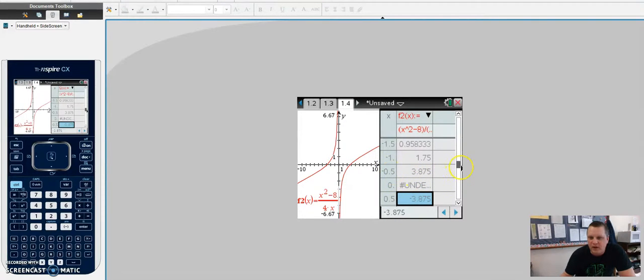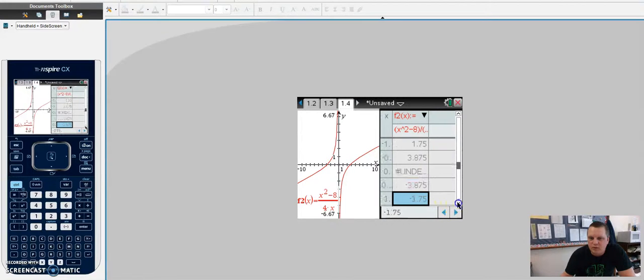So at 2 is a -0.5. And why doesn't it have, okay, it doesn't have it on there. Oh, there it is. And -2 is a 0.5.